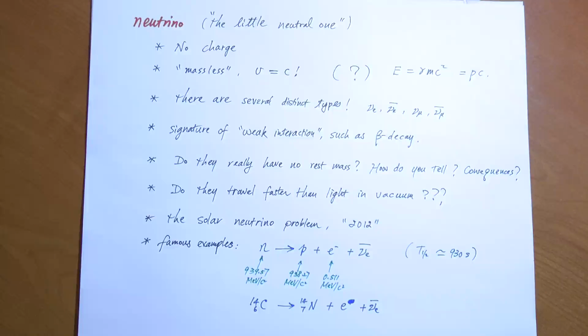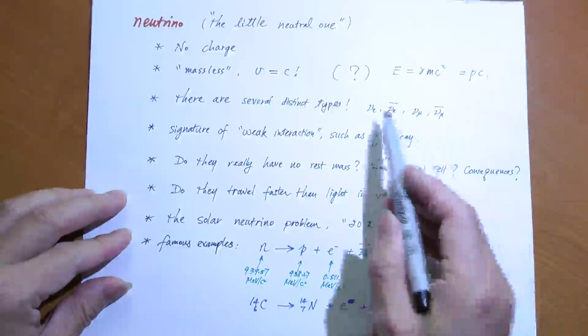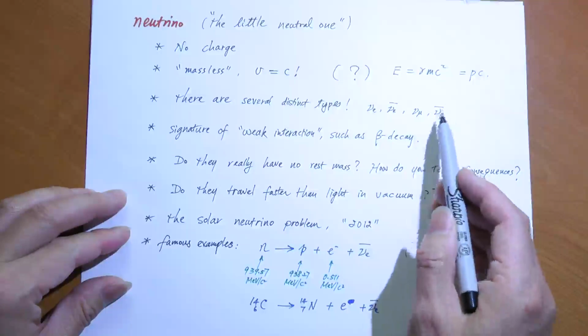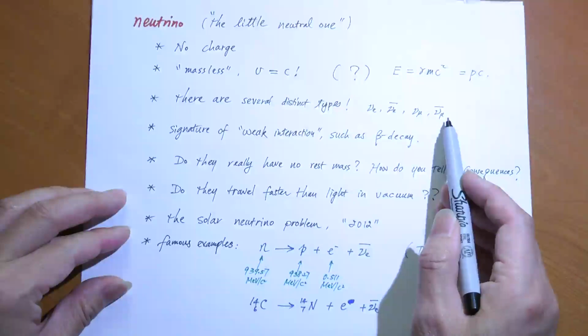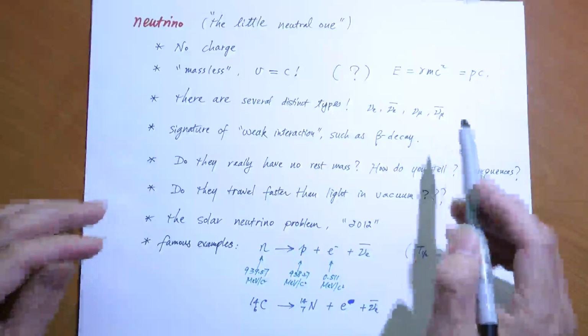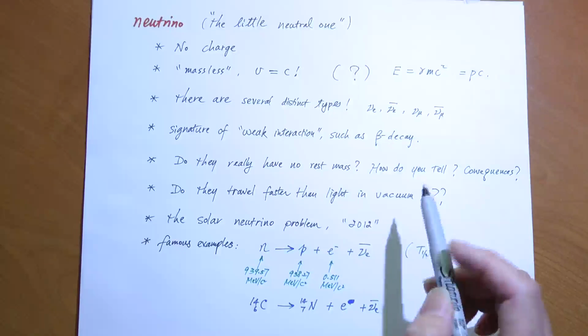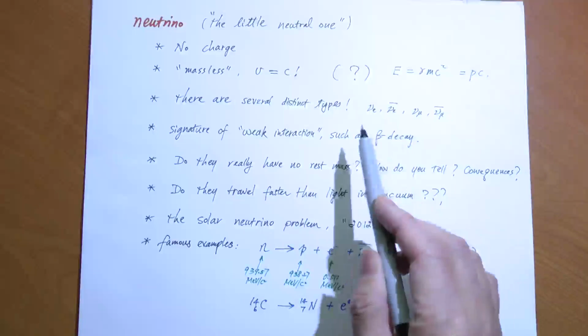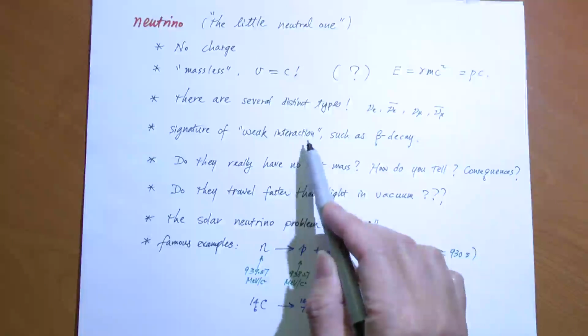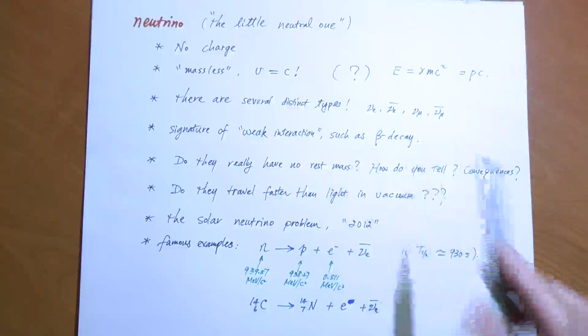These things will be discussed in more detail later in the last chapter, particle physics. But suffice to say, there are different types of neutrinos: electron neutrino, muon neutrino. And again, neutrinos are present in so-called weak interactions such as beta decay.